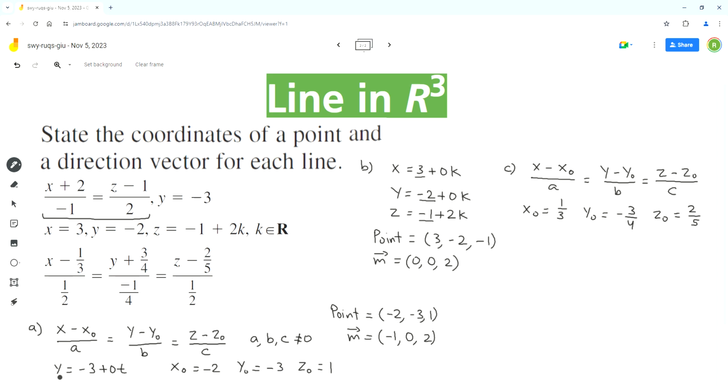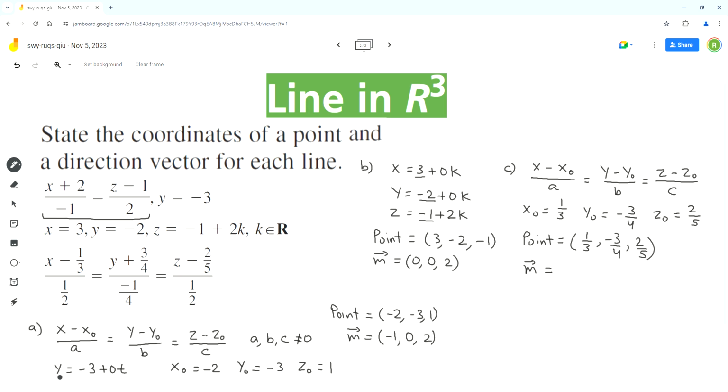Now we can write the point. So this is the point that lies on this line. Now we can write the direction vector. In the general equation, A, B and C represent the components of the direction vector.